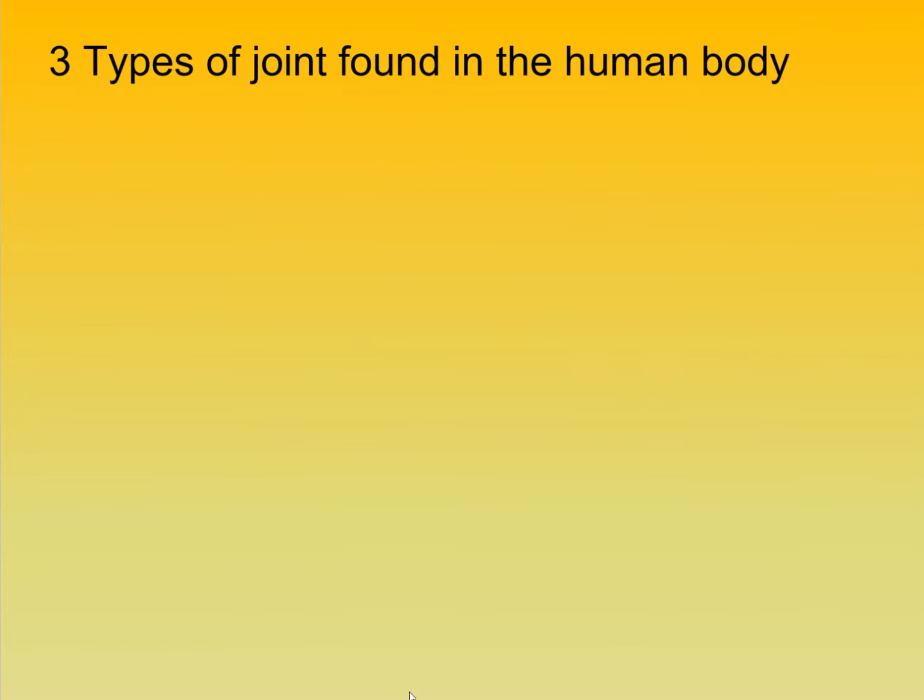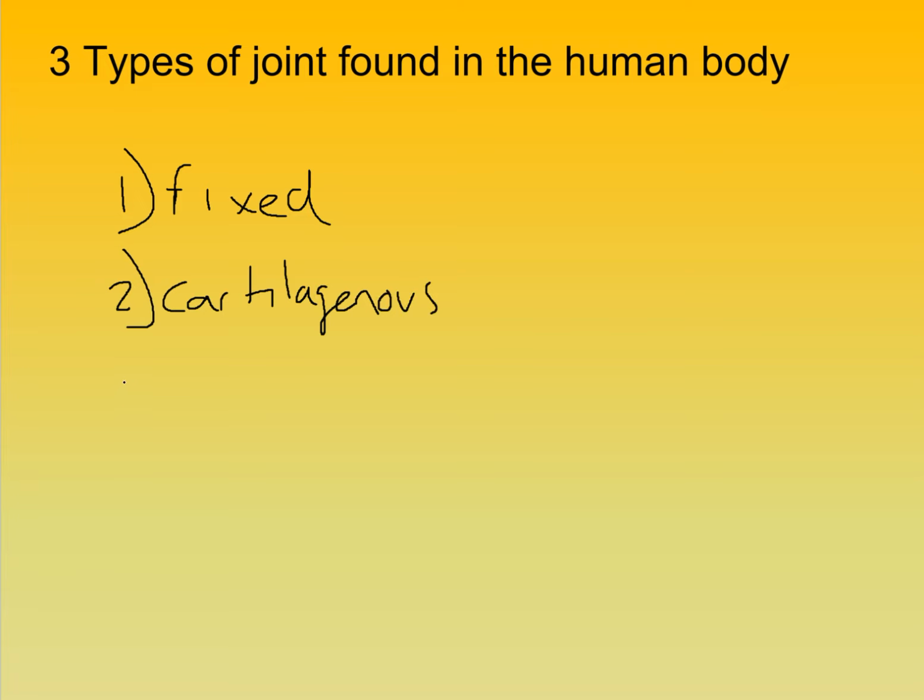First of all, we need to identify the three different types of joint in the human body. The first being fixed, the second being cartilaginous, and the third synovial. And they're all categorized basically on the amount of movement that is available at those joints.